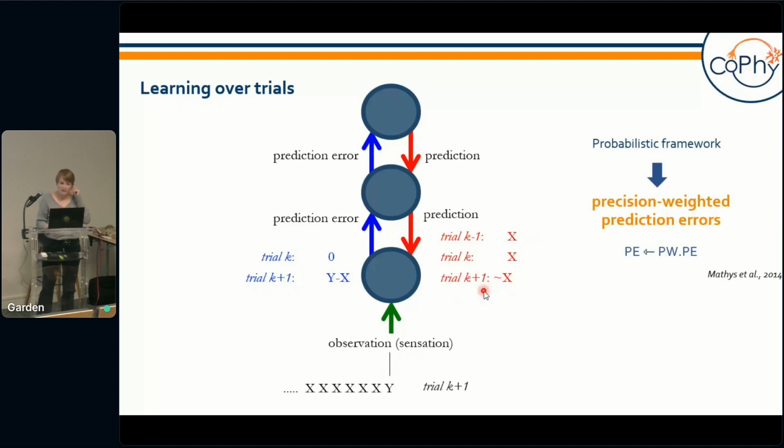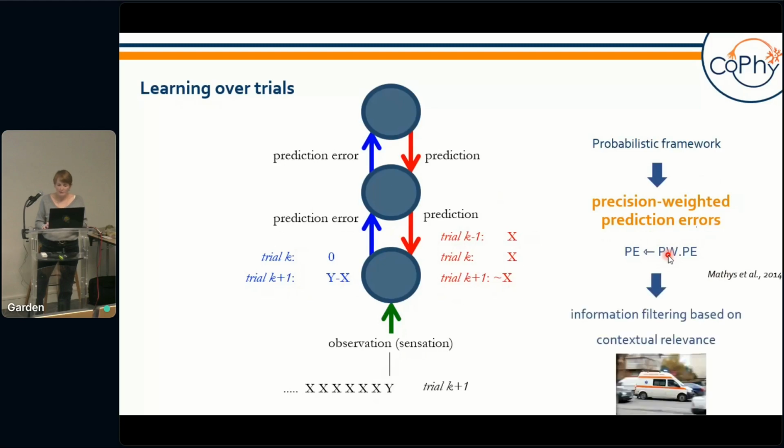So since it's implemented in a probabilistic framework, we're not working with a prediction error per se, but with precision-weighted prediction errors, meaning that this prediction error term is weighted by a mathematical quantity that represents the precision of these errors.